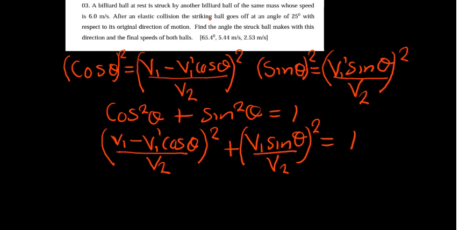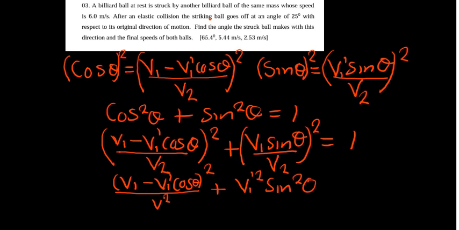Here it is going to be (v1 minus v1 final) squared cos squared theta, everything divided by our v2 squared, plus, when you square this side where there is sine, we're going to have our v1 final squared sine squared theta divided by our v2 squared, is equal to 1. Let's simplify this equation further.